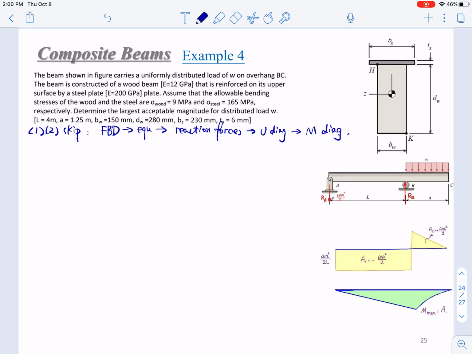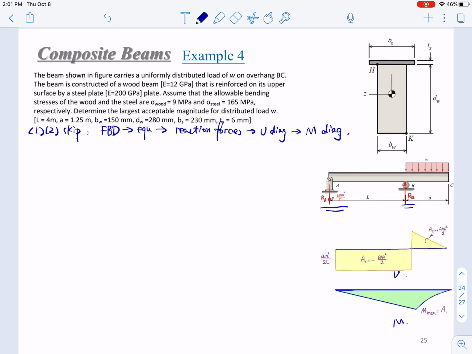Anyway, we have determined the reaction force at A and the reaction force at B. Then we draw the V diagram and then the M diagram.